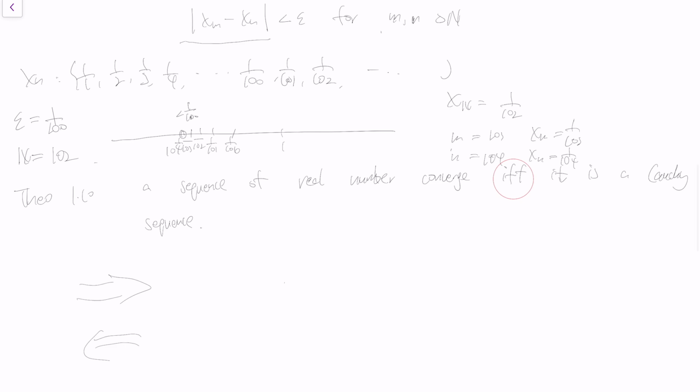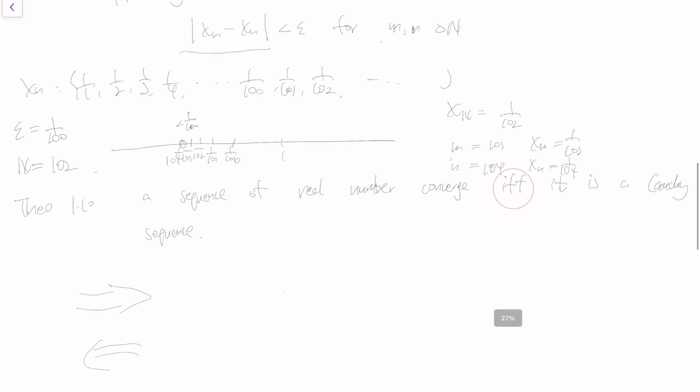So let's look at the above example again. We know that this sequence converges to 0 but never reaches 0. So 1 here and 0, and this is 1 over 2, 1 over 3, 1 over 4, and the little numbers in here, 1 over 100, 1 over 101.